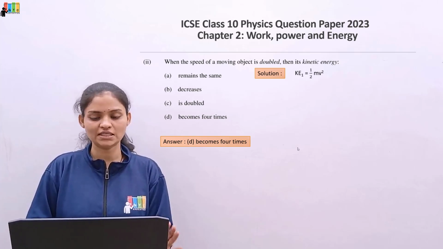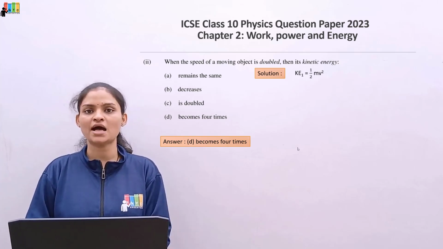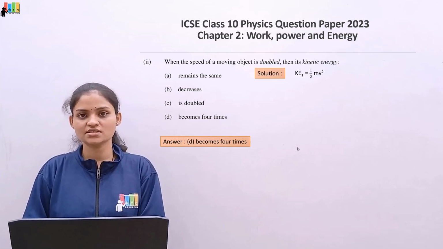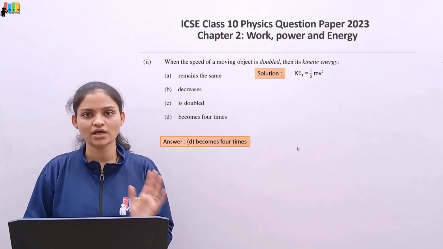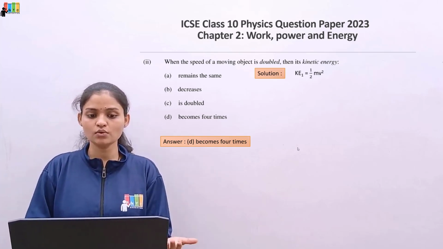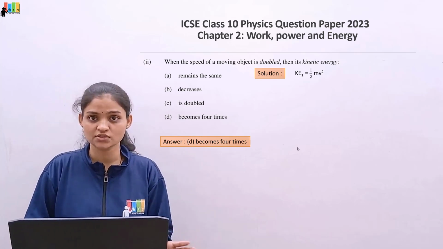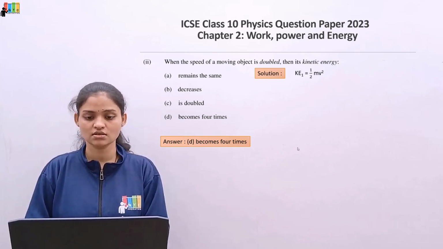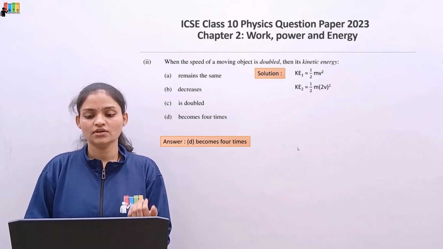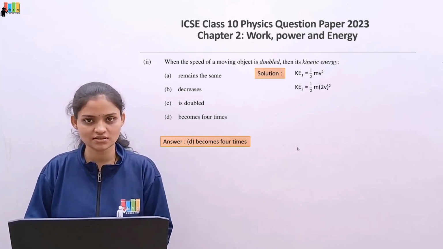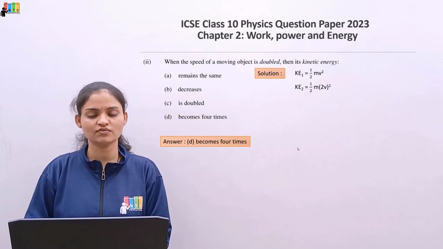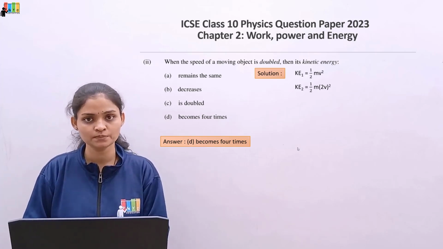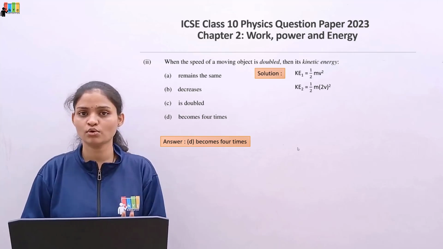Now the speed is doubled, so only the value of v will change. After changing the speed, Ke2 is equal to 1 by 2 m into 2v whole square.